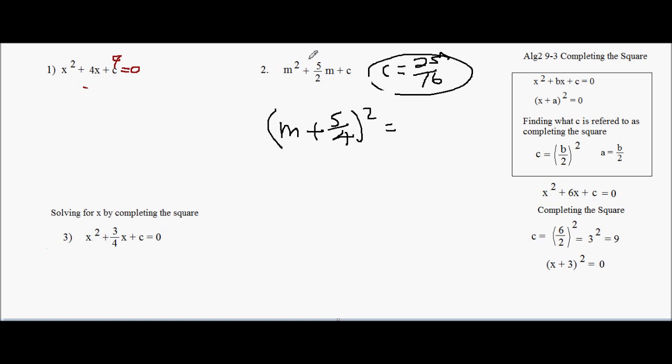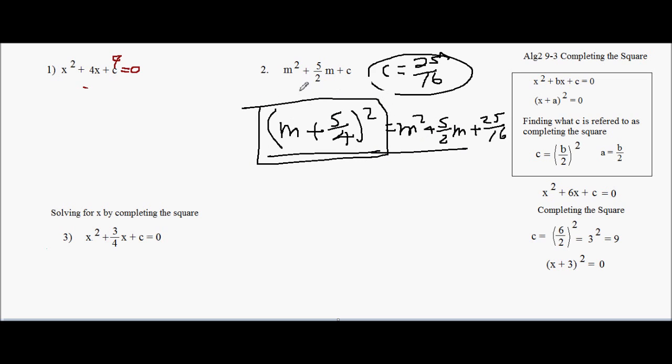And that's equal to M squared plus 5 over 2 M plus 25 over 16. And that's it. I've made a square out of this guy. That was the technique. Okay, one more example, and then I think that'll do it.